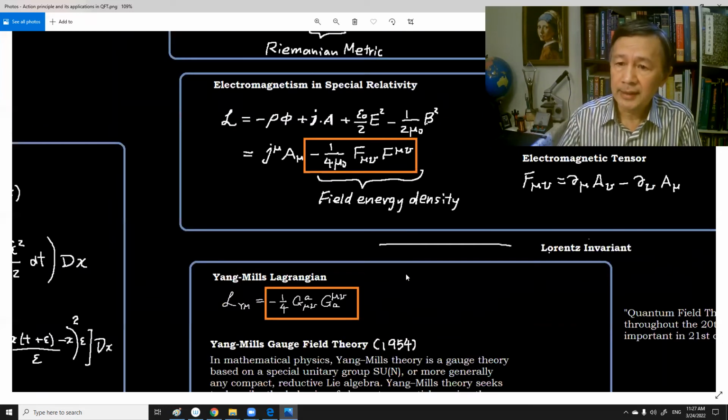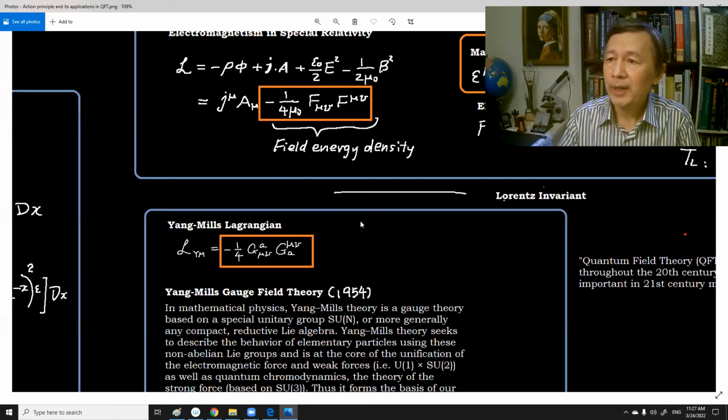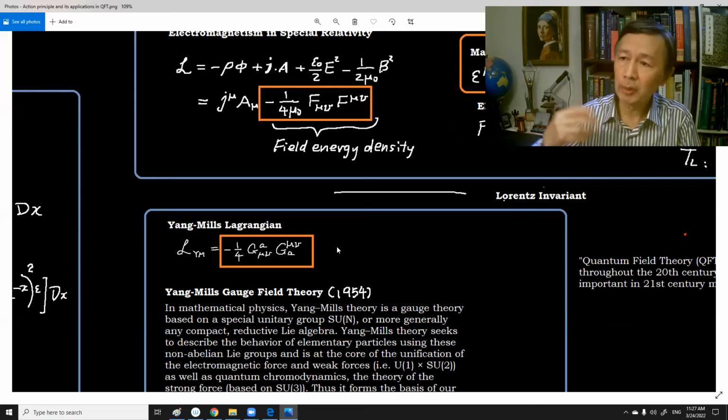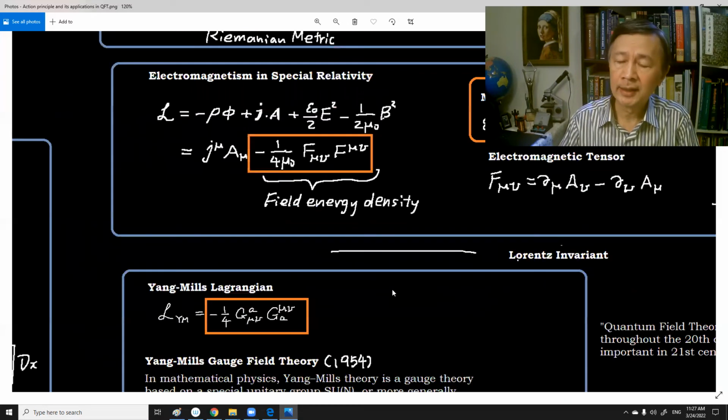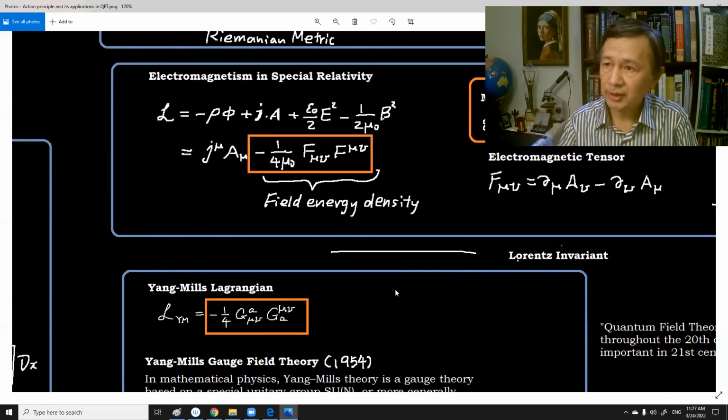So one can simply consider the Yang-Mills Lagrangian as a generalized gauge field, which takes the Lagrangian for the electromagnetic field as a special case.